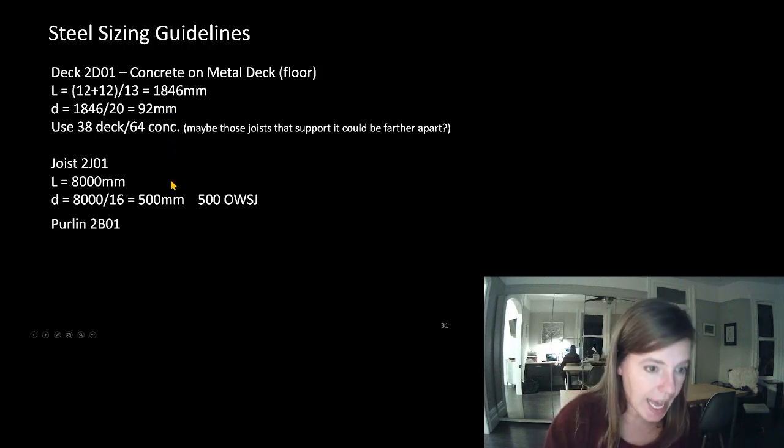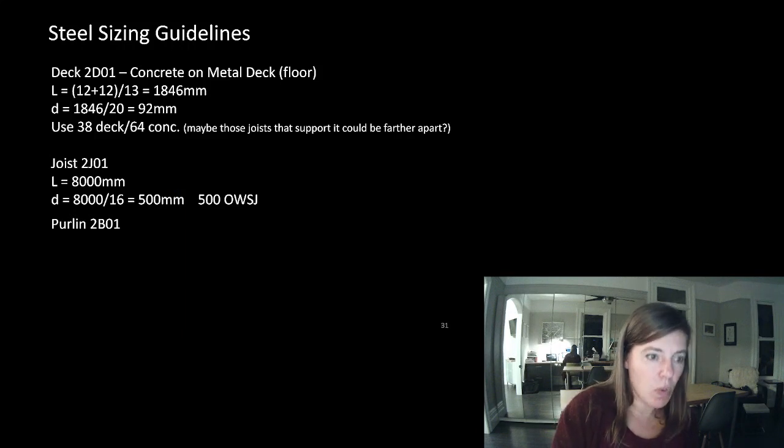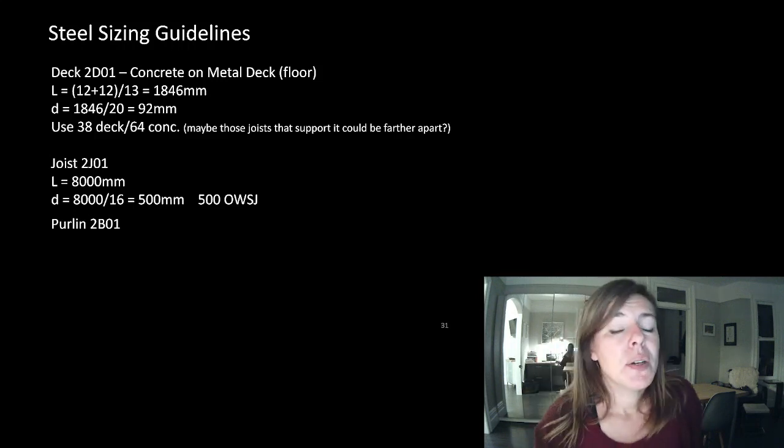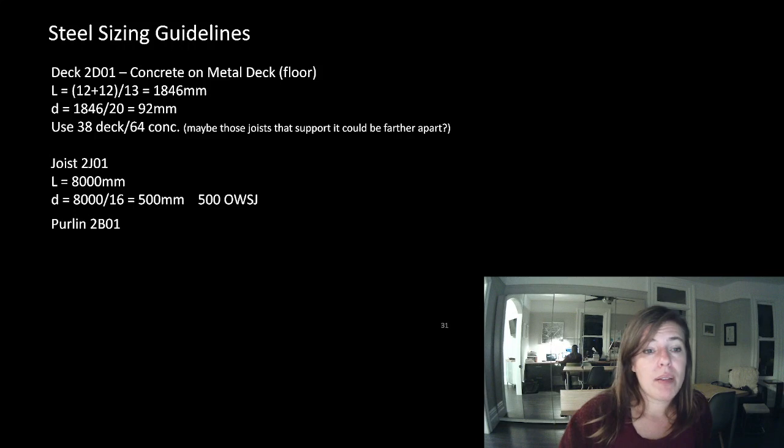I am going to add in slide 31 that it's 500 open web steel joist at 1,846 millimeters center to center. Do you know what some people do sometimes? We know that that's at like 1.85 meters on center.